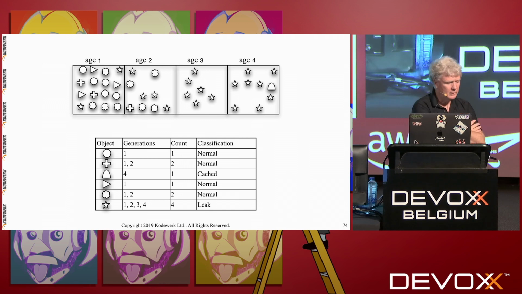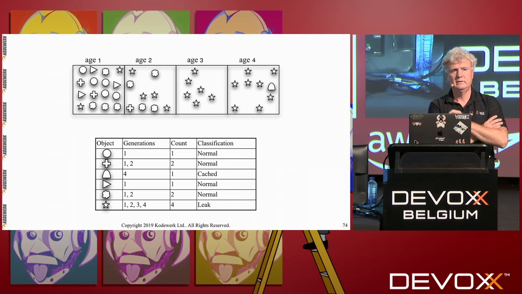In other words, the cache will extend the lifetime of objects, but generally what you're going to see is that you're still going to have a limit to the number of generations that you have. If the generational count equals the number of garbage collections, you have a memory leak. I don't care if it's intentional cache or not. That's a behavior that's going to eventually run you out of memory.